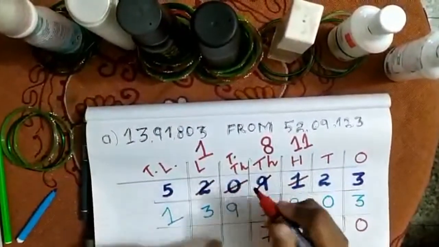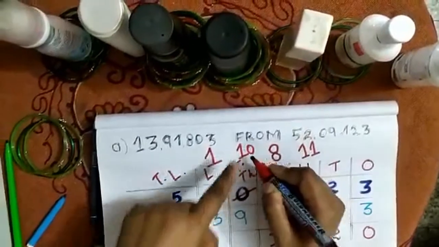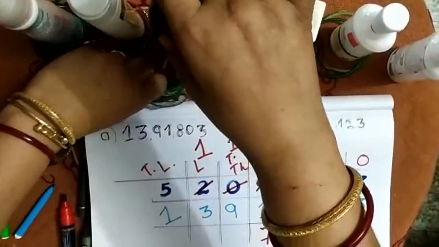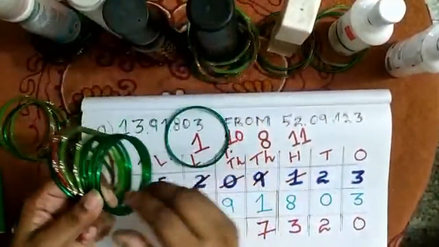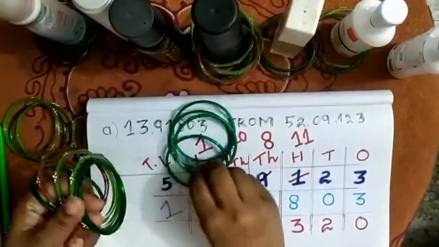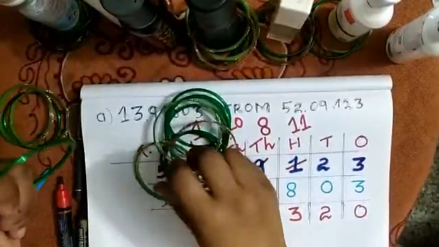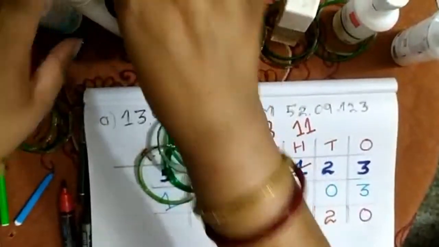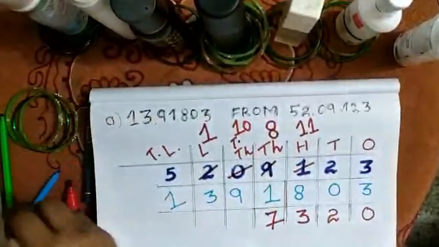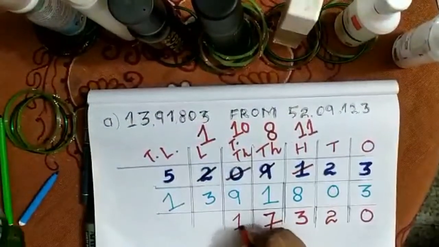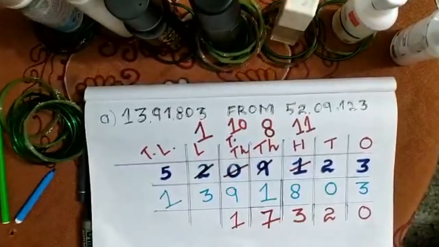This 0 will become 10. So from 10 I'll take away 9 10,000. 1 2 3 4 5 6 7 8 9. So how many 10,000 is left? 1 10,000. I have taken away 9 10,000 from it. So 1 10,000 is left.